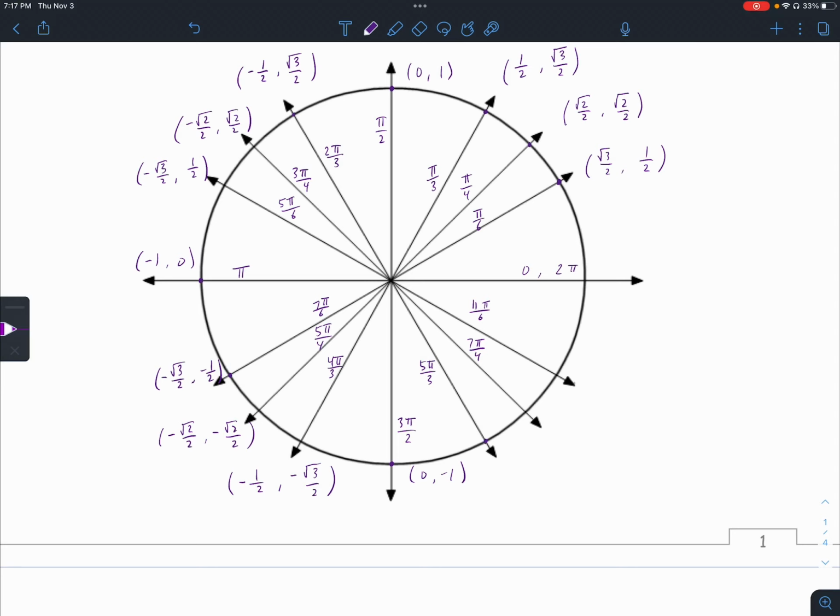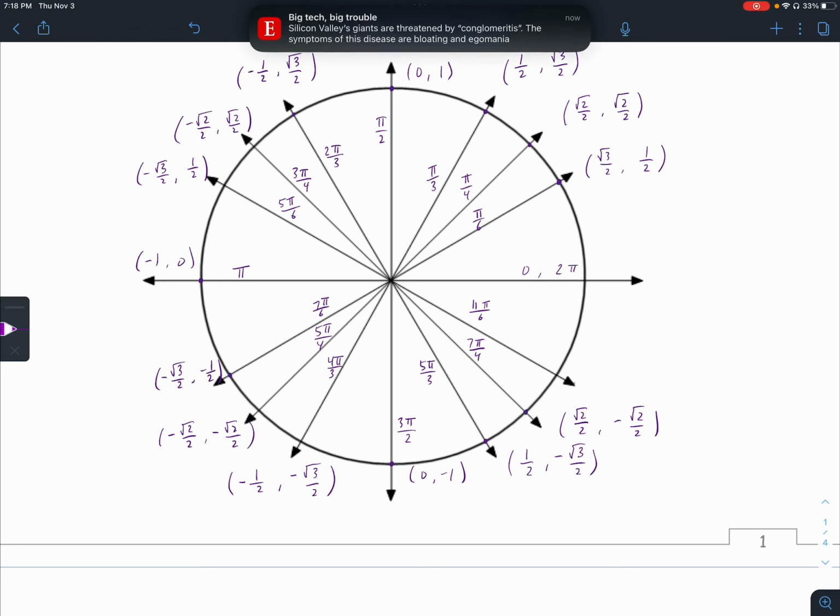Okay, now for 5 pi over 3. So cosine is positive in the fourth quadrant. So 1/2. Sine is negative. Negative root 3 over 2. Okay. And now for 7 pi over 4. So root 2 over 2 and negative root 2 over 2.